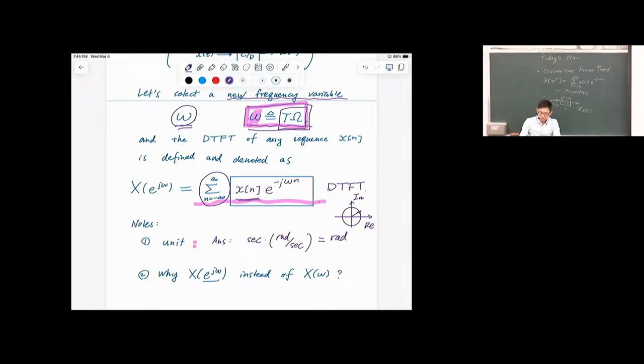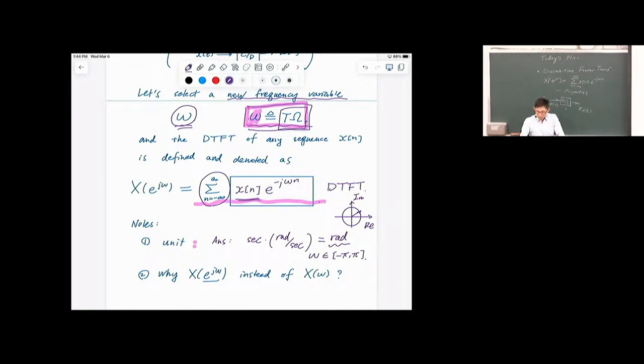But here it's correct to realize that the unit is radian. Omega is an angle between 0 and 2 pi. Typically it can be between minus pi and pi or from 0 to 2 pi. It repeats itself. So omega is really an angle.